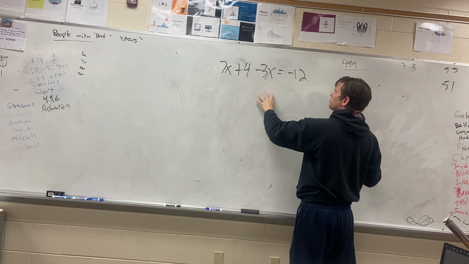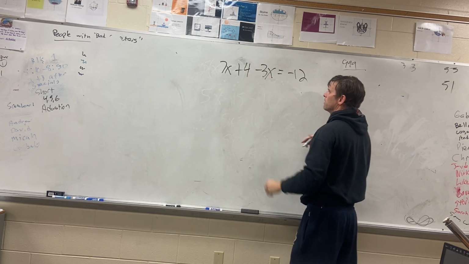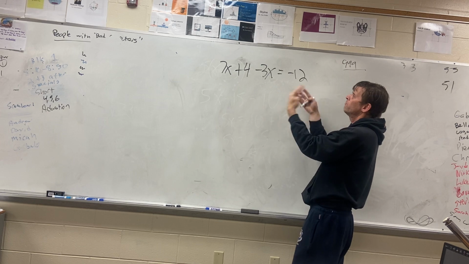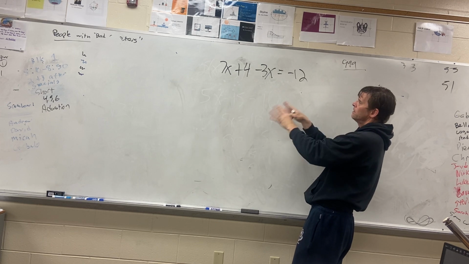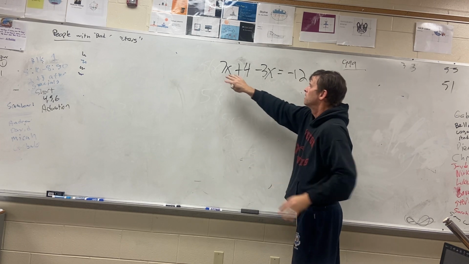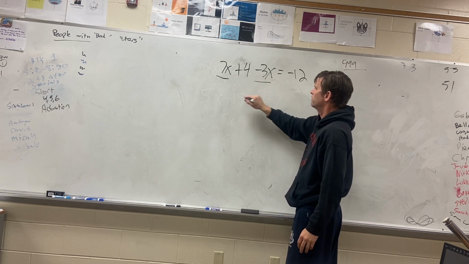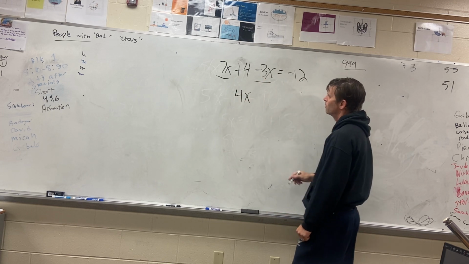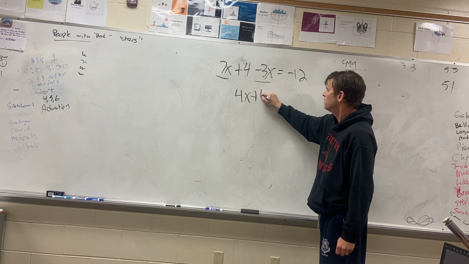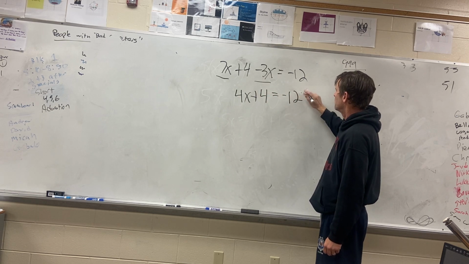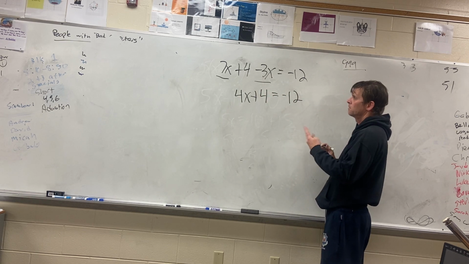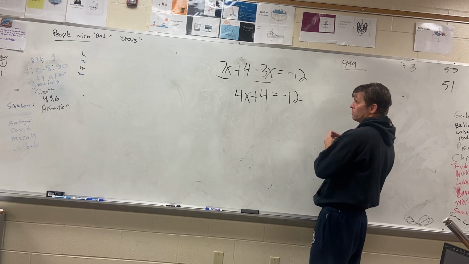This side can be simplified. These guys can go together. Do that first. Don't start flinging around until you simplify. A good 7x and a bad 3x, put them together, that's 4x. Leave that there. Start over. Okay? Simplify, start over.